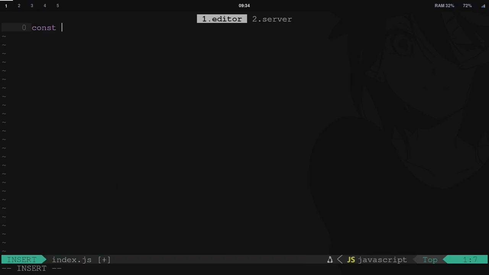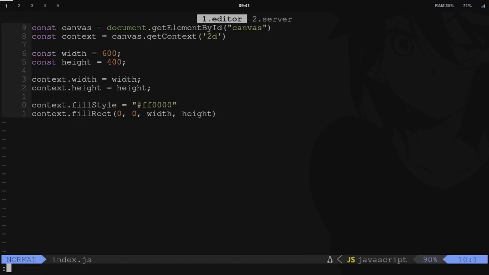Let's get our canvas. Okay, so I have set up a basic system where we are setting the height and width. Let me just change this to something that we can actually perceive better. I'm a bit confused.